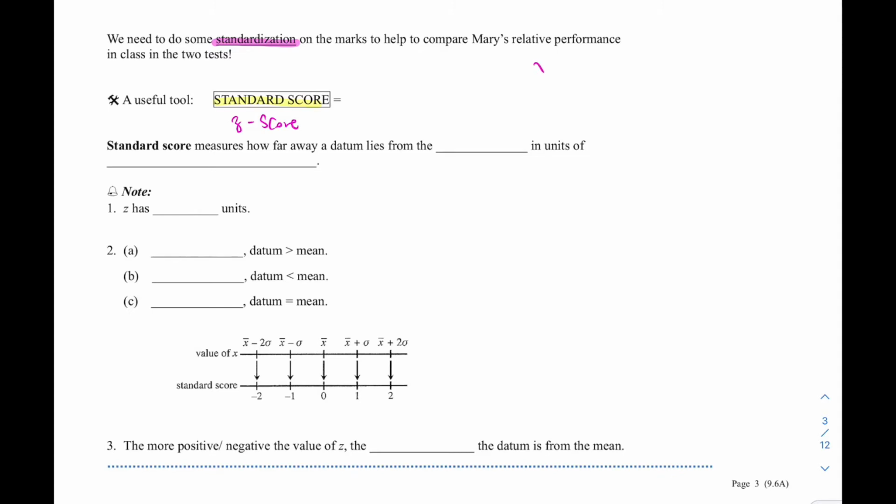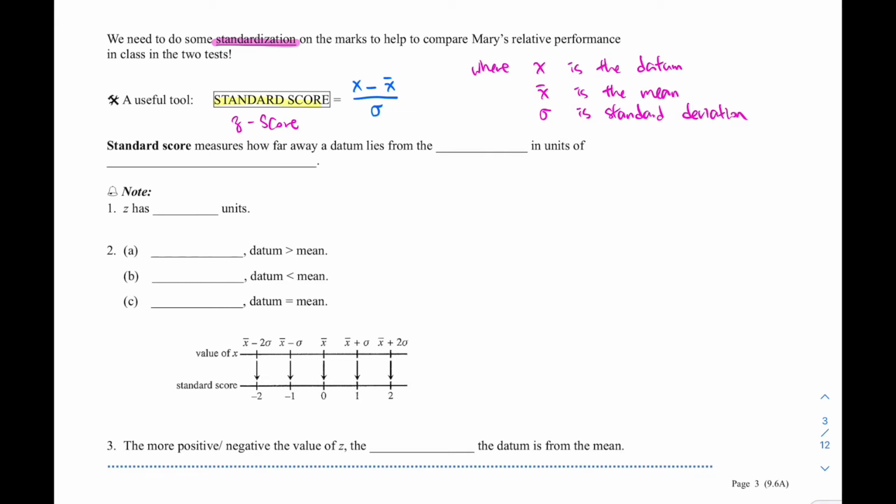If we use X to represent the values of the datum, and use X bar to represent the mean of the data set, and use sigma to represent the standard deviation of the data set, then the standard score of the datum will be X minus X bar divided by sigma.